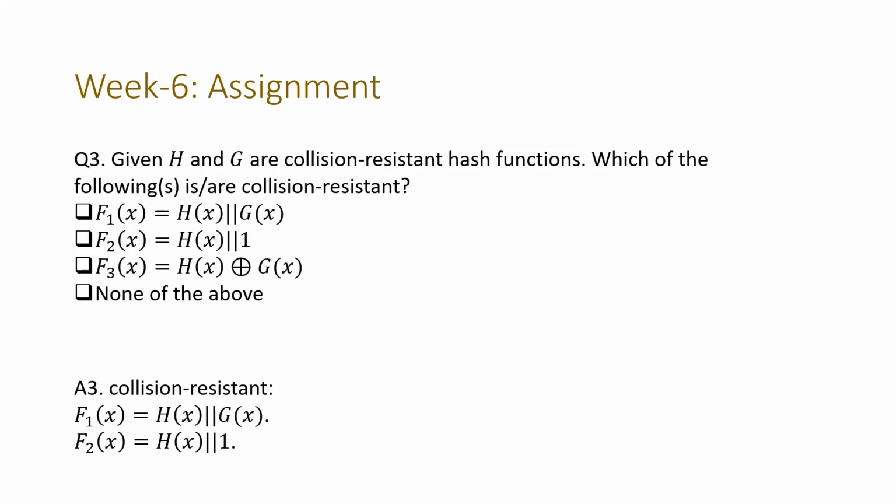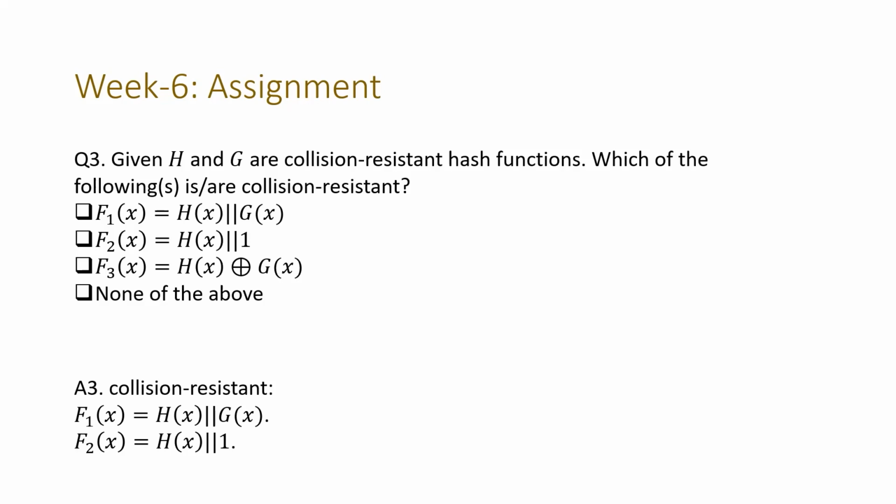Coming to the third option, F3x is equal to H of x XORed with G of x. Here, H and G are given to be collision resistant hash functions, but there may be the obvious case that H is equal to G, right? Because it's not given in the question that they are distinct collision resistant hash functions.